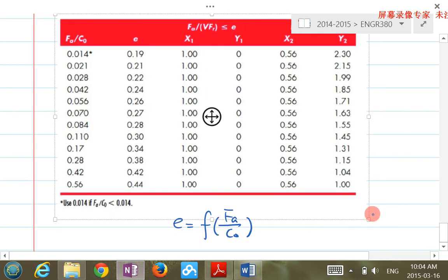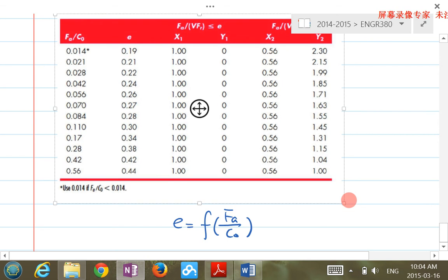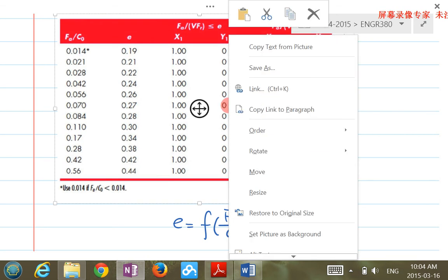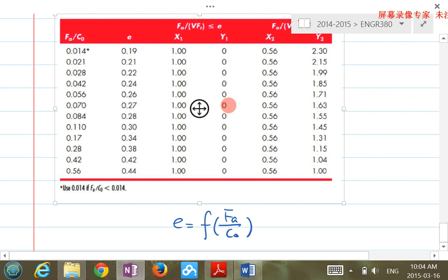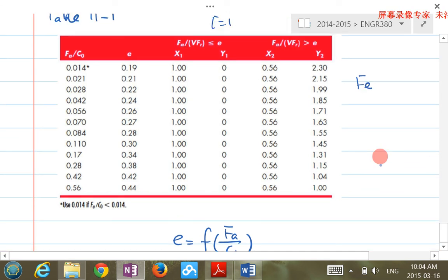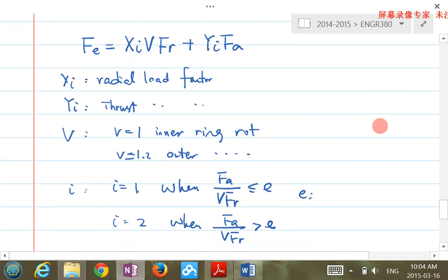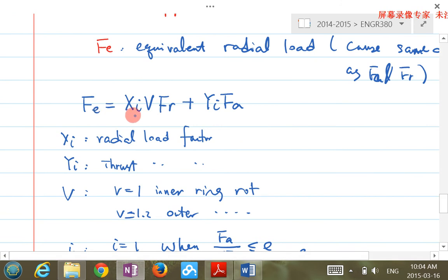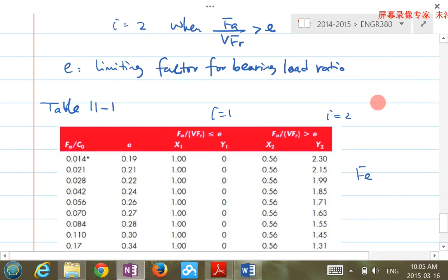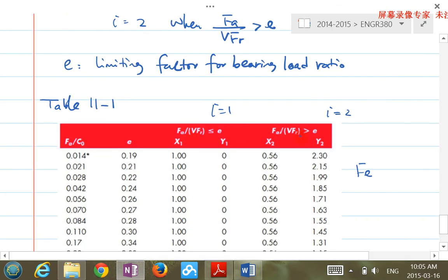What you need to focus on is that e is a function of this ratio. But what we're doing is calculating the equivalent Fe. Fe depends on Fr, Fa, V, and also on the Xi and Yi values. But the Xi, Yi values depend on this ratio.